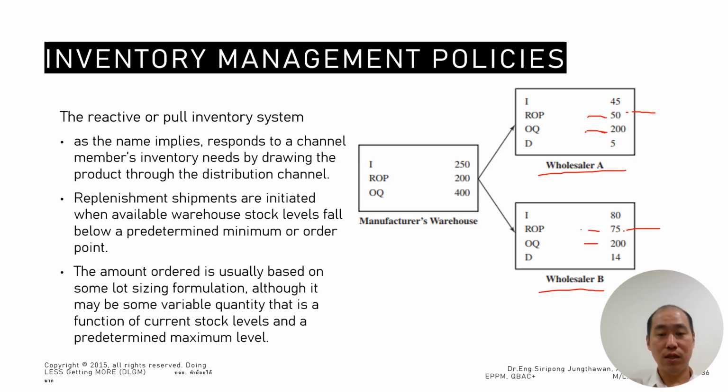Sometimes they have inventory now of 55 and 85. So you have to order because the inventory now is lower than the reorder point, and here the inventory is more than the reorder point, so you have to wait. That's why you have to know about the distribution channel when you decide the reorder point, and when you fill inventory.